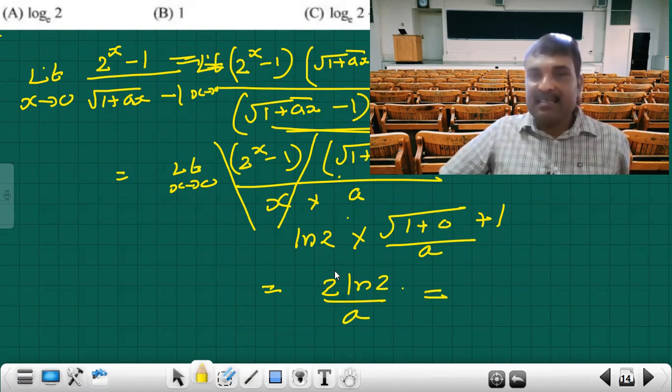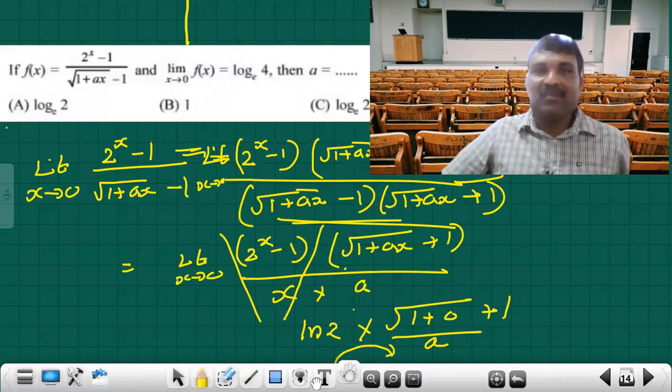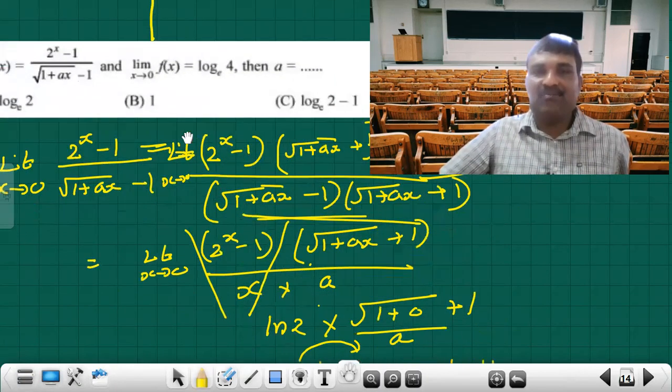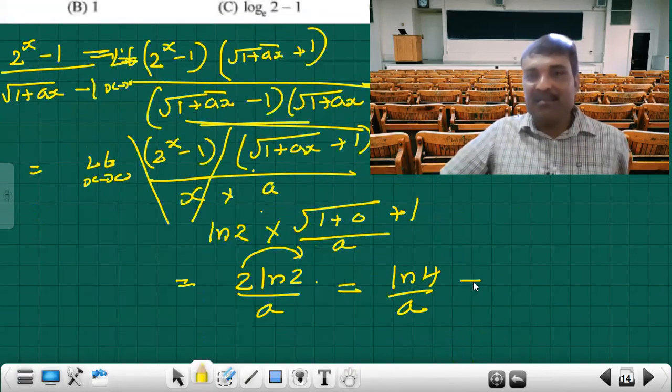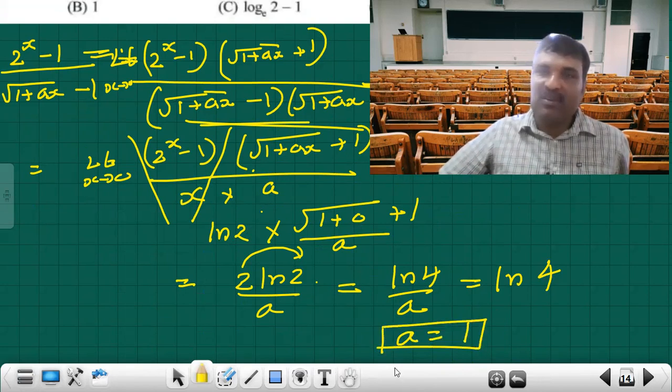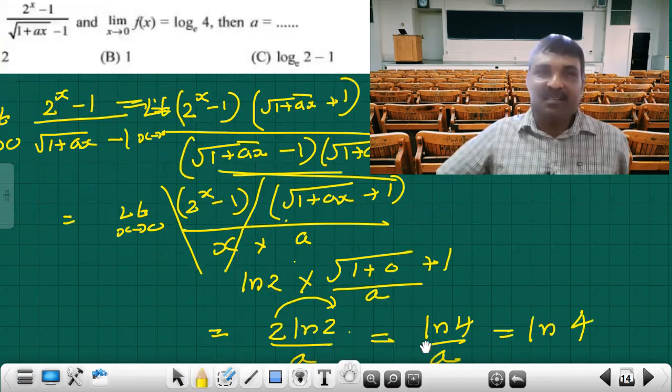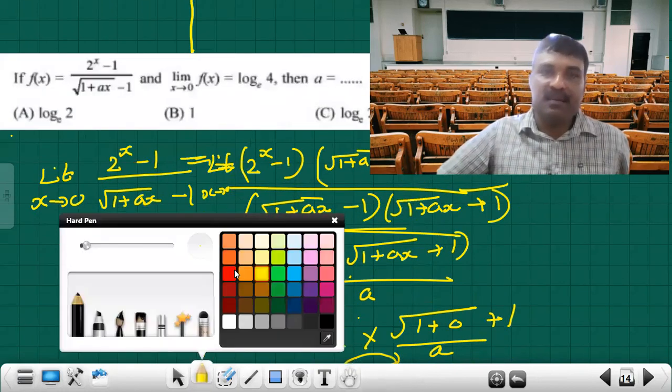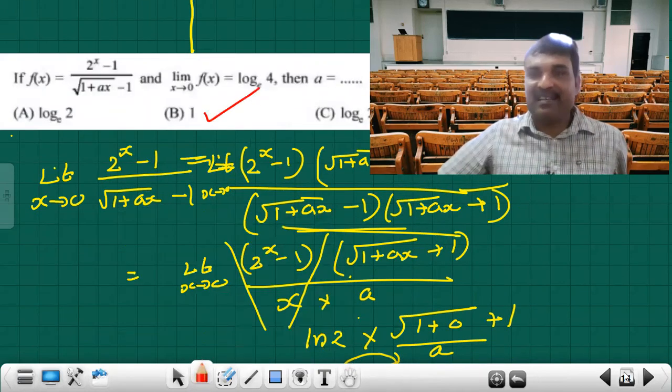This can be written as ln4 by a, right? The value of this limit is given as ln4. So what's the value of a? a is equal to 1. So we evaluate the value of a. So which option? Option B, right, is the correct option.